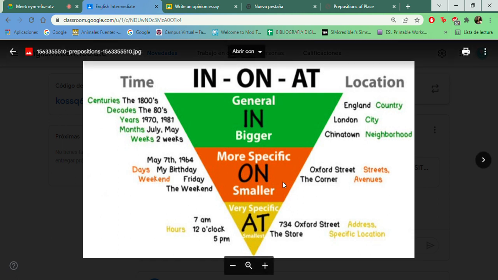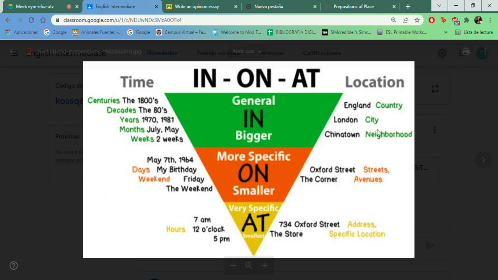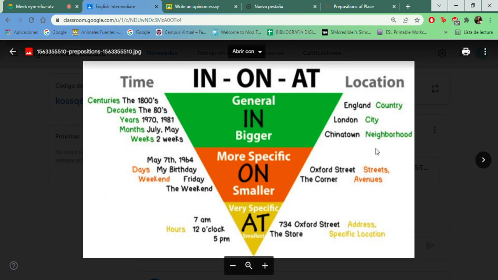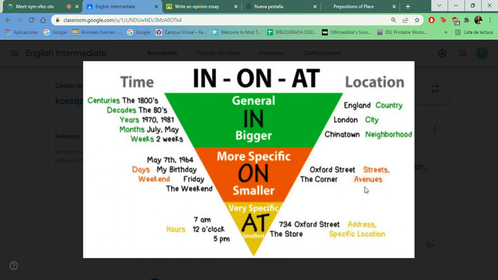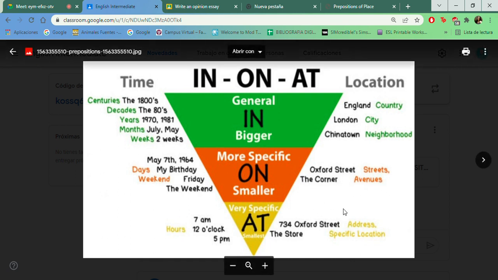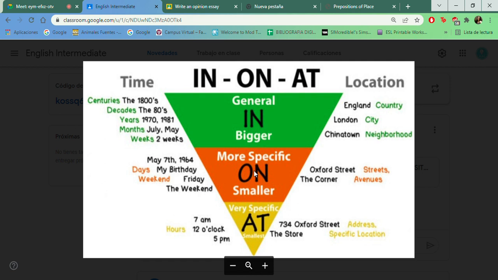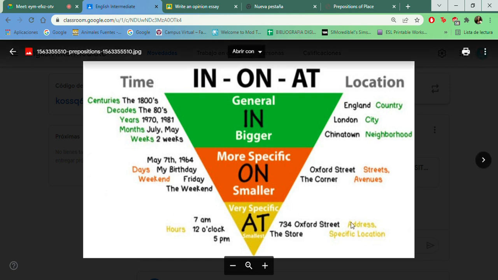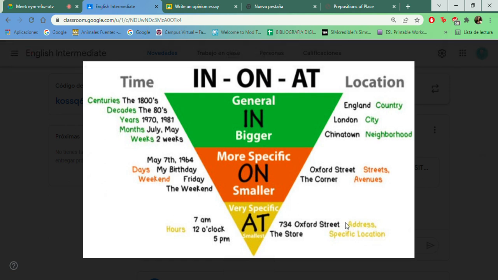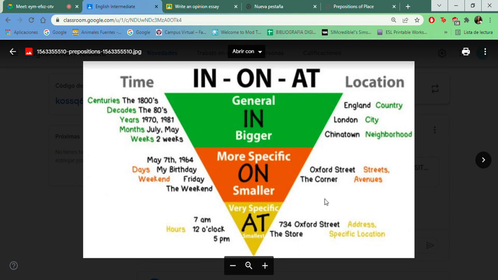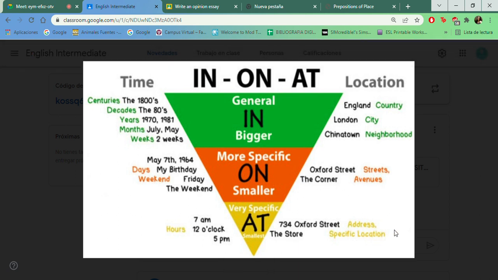We already talked about in: we use it for countries, cities, towns, or neighborhoods. On is for streets or corners, avenues, motorways, the pavement or the path as well. Then we have a more specific one, which would be an address or specific location, for example, the store.